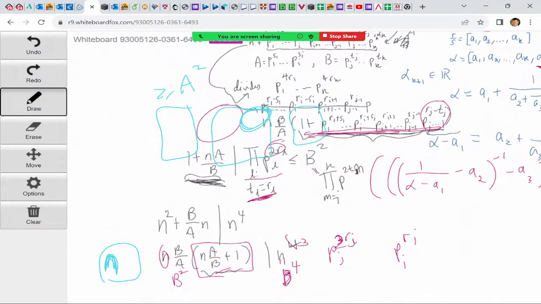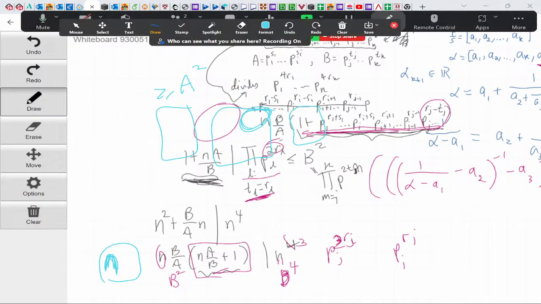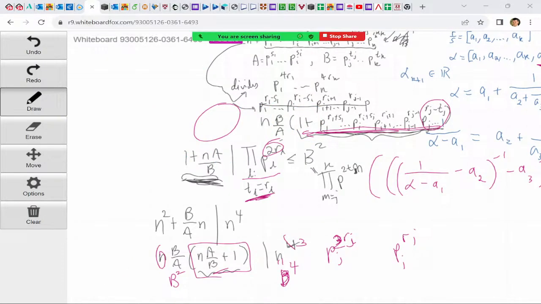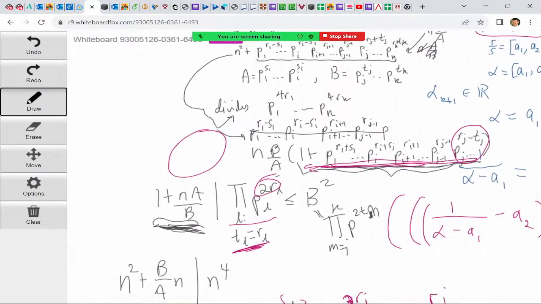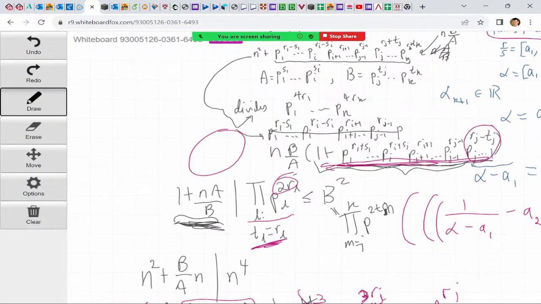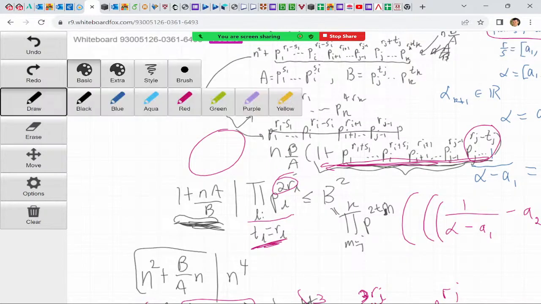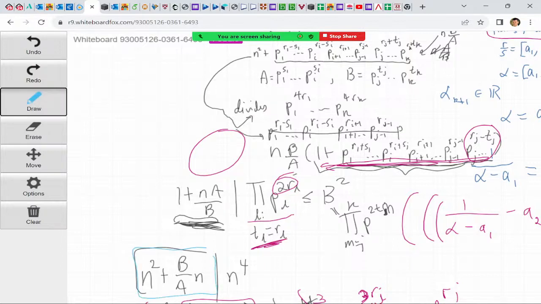Alright, so the conclusion of that is, remember, it's N squared plus B over AN, right? That's the divisor.